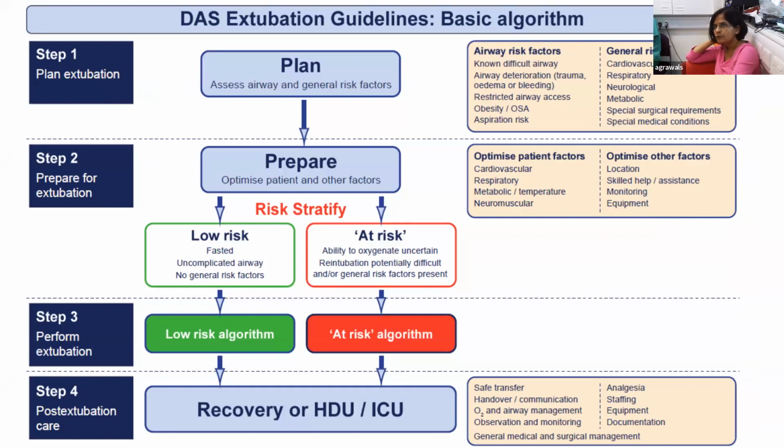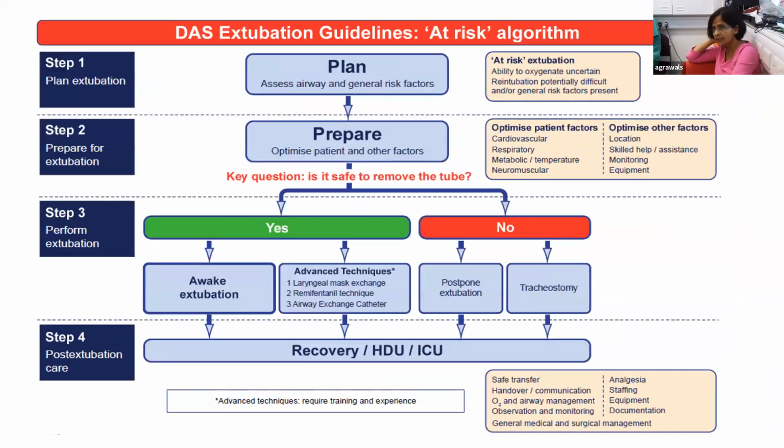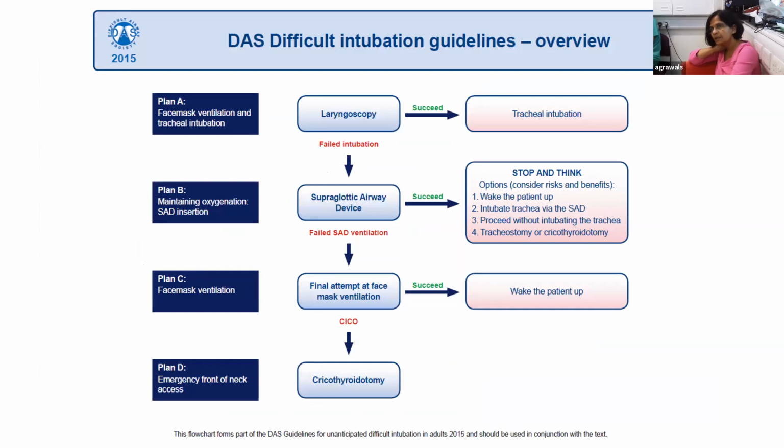But look at the algorithms, the basic algorithm for extubation and for difficult extubation, what we are thinking about, and you'll see that practically here as well. Every time we have a slightly more complex child, how we plan the extubation and how we prepare in case that fails. And then there are difficult intubation guidelines, as well as the guidelines for cannot ventilate, cannot intubate for children, as to how we go along doing that.